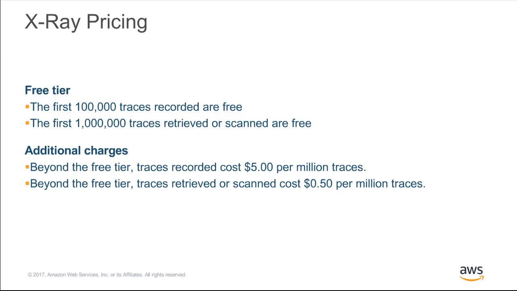And I want to clarify the notion of a trace. So one of the things that essentially the way X-Ray is priced is that once you instrument your front end, so assume if it's an API gateway, if you're running an API, it's an API gateway. If you're running a web app, it might be a load balancer or a web tier.